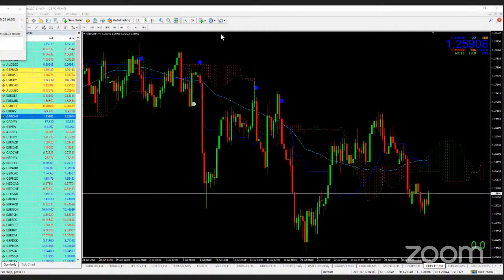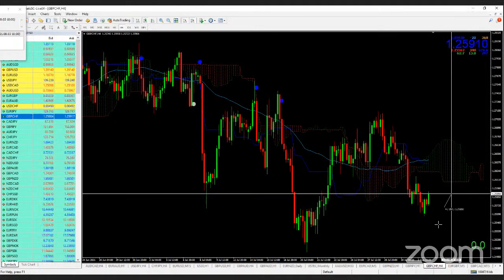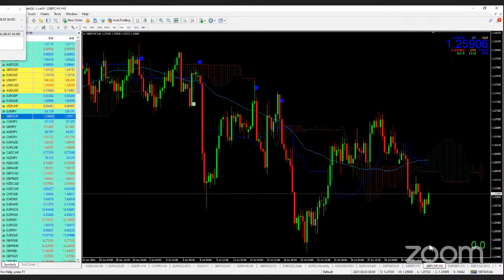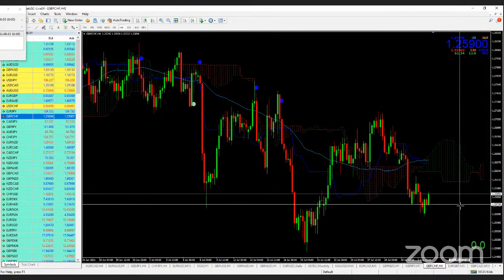We don't always find trades to jump into straight away, but this looks like one we can jump into, and it's a good risk to reward as well. Yeah, we can get a good 1 to 2 risk to reward on this one.